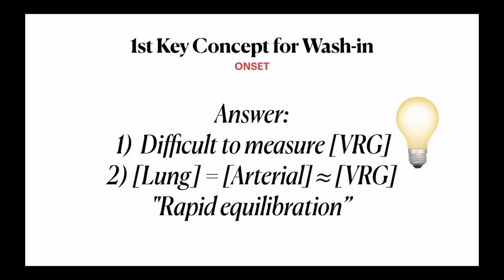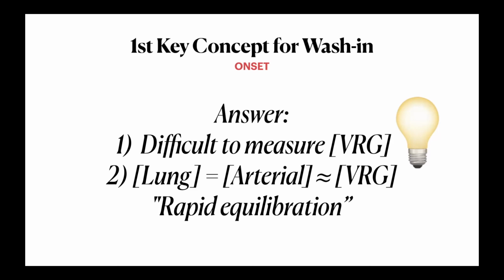And I think you've seen those words being used before. And I want you to understand the context of that, because that's really important. When we talk about rapid equilibration here, it tends to occur within 30 minutes. And that is that idea of when you can safely assume that the partial pressure you see on your anesthetic machine, so the end-tidal partial pressure of your volatile agent, is going to be representative of the brain's partial pressure.